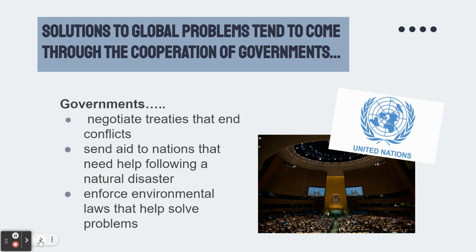And governments can come together and enforce environmental laws that help to solve problems. So, in this case, if you think again about global warming, each year there is a United Nations summit where leaders get together and they talk about how to solve environmental problems like global warming.